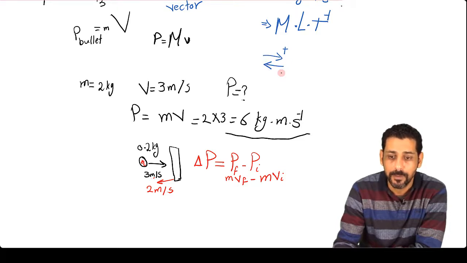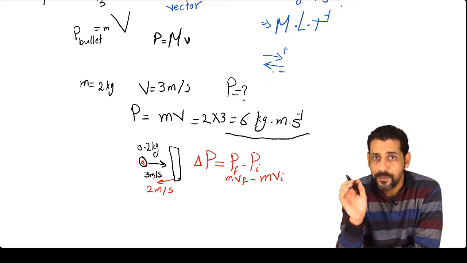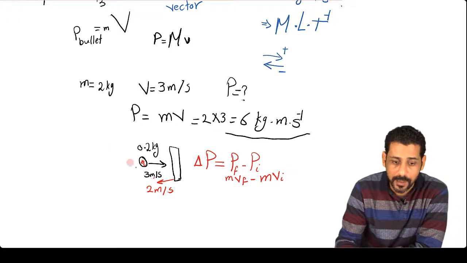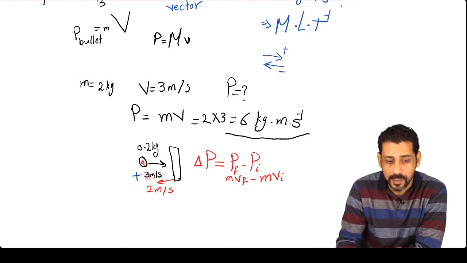If something is moving to the left, its direction is negative. This is very important. In this example, he will never tell you which one is positive and which is negative. Here, this velocity is positive because it's to the right, but this velocity is negative because it's to the left.